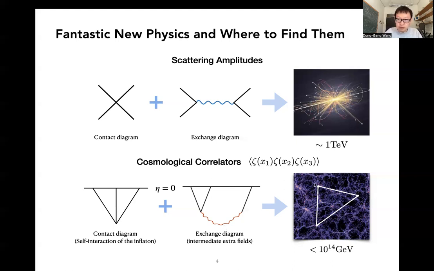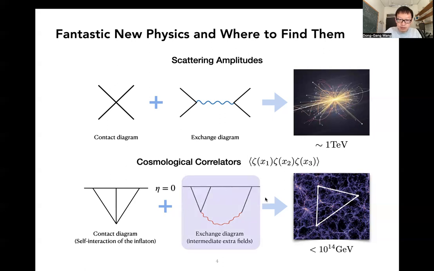Through astronomical observations, we could try to see if there could be some imprints from this exchanged new particle, and then we could use cosmology to detect this high energy physics. The energy scale for inflation could be as high as 10^14 GeV, which is much higher than the energy scale of the collider experiments.